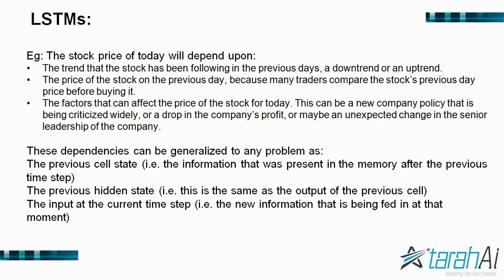So the idea is any problem now will require us to model the function which is a combination of these three things: taking input from the previous content of the current state, then the output of the previous hidden state, and whatever is the current input being fed to the current state.